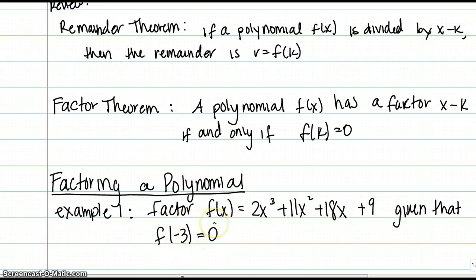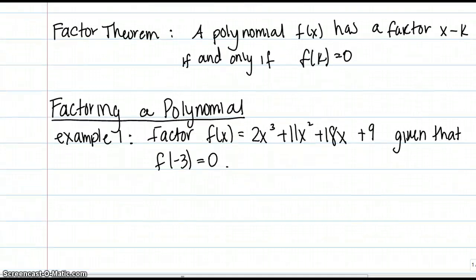So we're going to use the factor theorem to figure out what our first step should be. So we're told that f of negative 3 equals 0. And the factor theorem says that the polynomial has a factor if and only if f of a certain number k equals 0. Well, in this case, negative 3 is what that k value is.